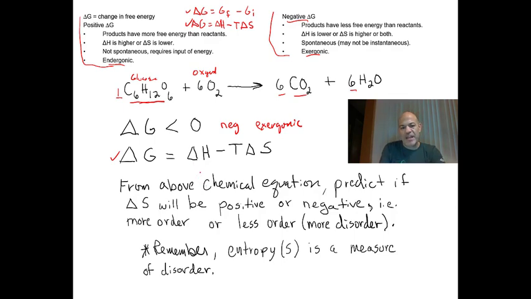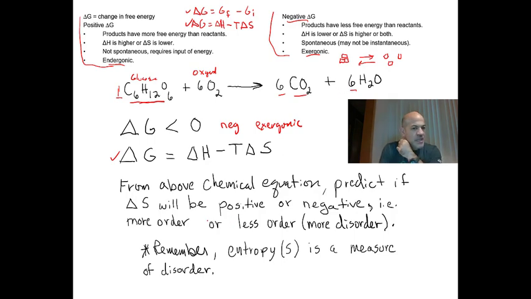Now, what I want to ask here, going back to the analogy of the blocks. When you have your blocks stacked up, that's more order. Okay, if they fall down, they're going to have less order. Okay. Now, you could go back the other way. That's possible, but you're going to have to put in energy. So what I'm going to ask you here is, in our reactants, the reactants are on the left, the products are on the right.